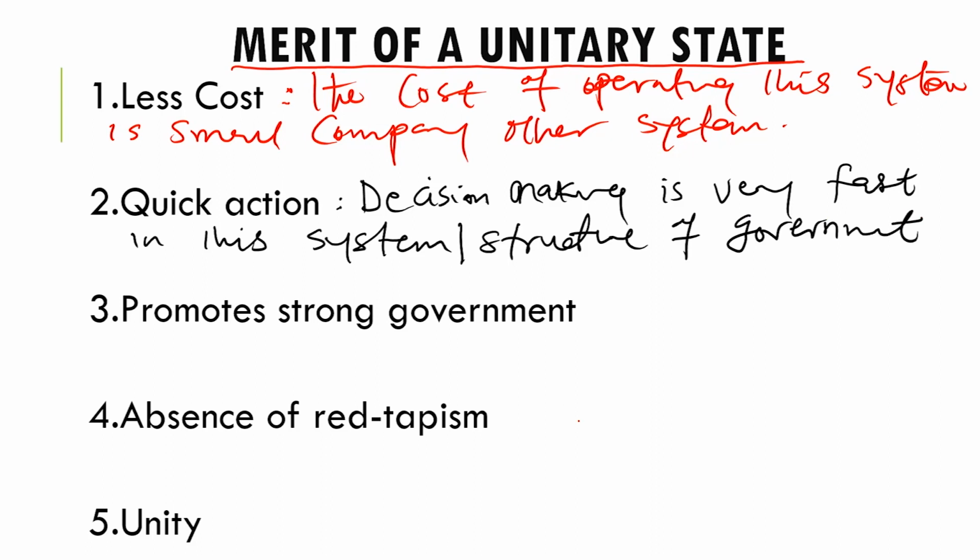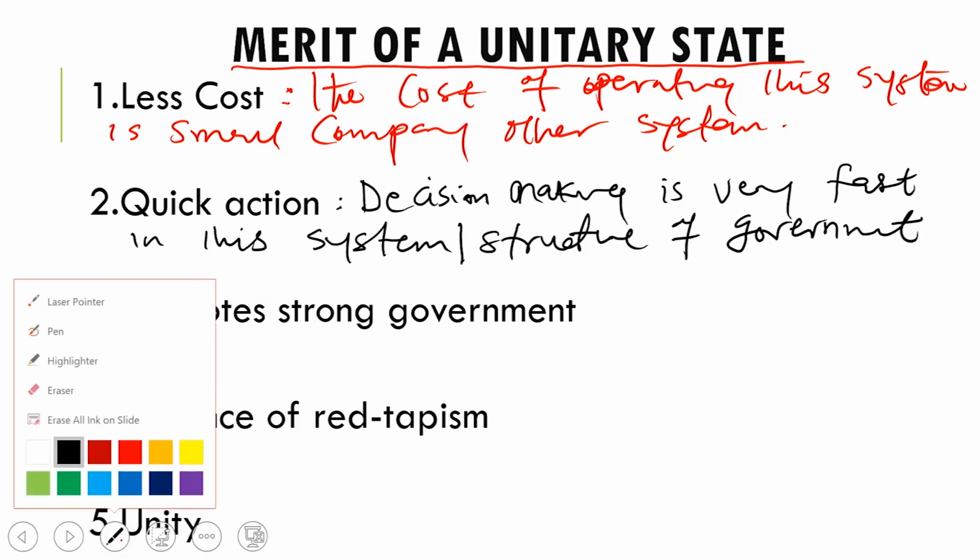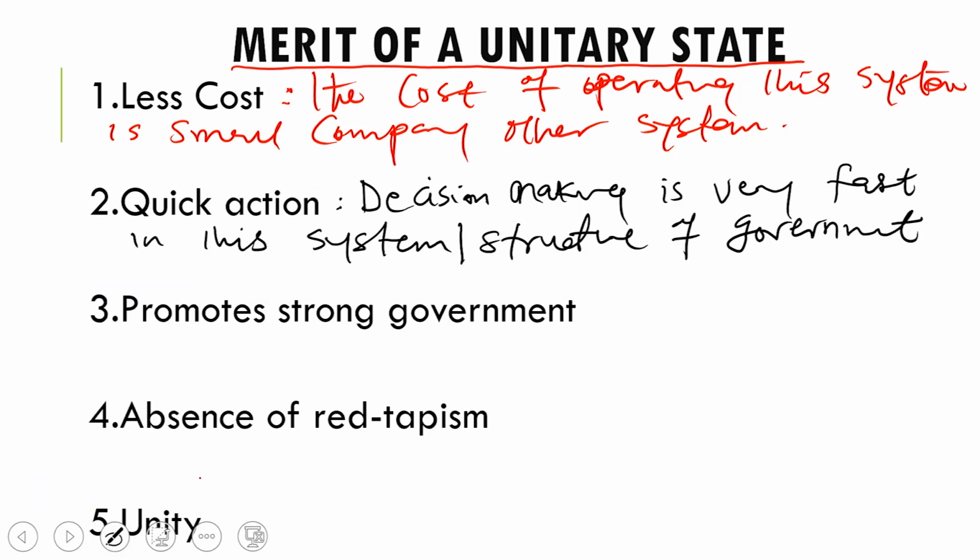Okay. Then number 3, we said this system actually promotes a strong government. Now, there is no division of government already. What brings about weak government is because you have a lot of division. At the end of the day, we have rivalry, we have competition. If you look at what is happening, for example, in Nigeria, where you have the party problem, APC, PDP. Now, in this system, there is nothing like that. So the government will be so strong because the people are united. They speak with one voice. They pursue one goal. They are fighting for one cause.